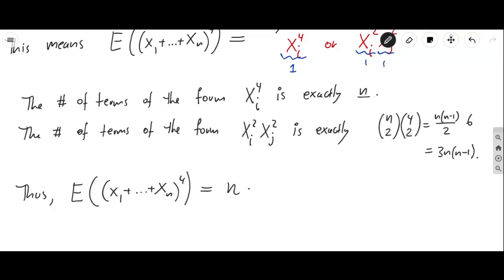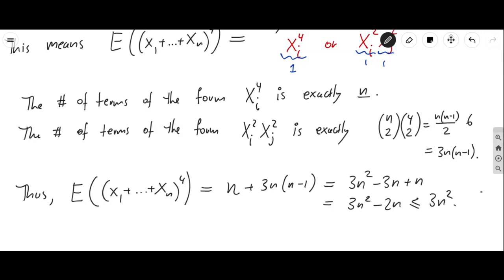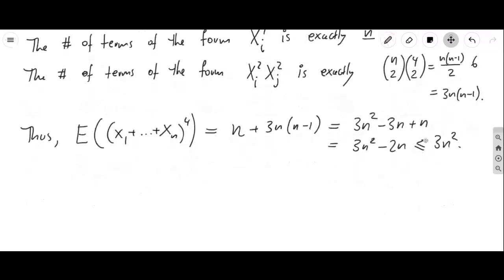So it's plus 3n times n minus 1. So this is 3n squared minus 3n plus n. So 3n squared minus 2n. And for simplicity, we can just say it's less than or equal to 3n squared. Just drop off the negative 2n. This is the more important part, because this is the larger power. This is the less important term. So that's less than or equal to 3n squared.